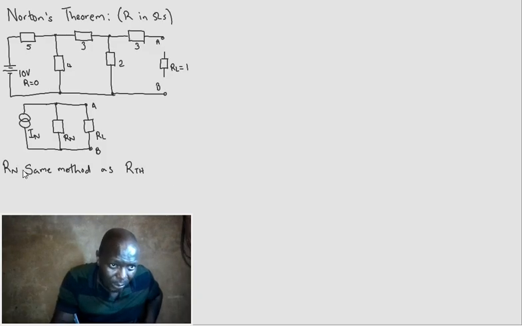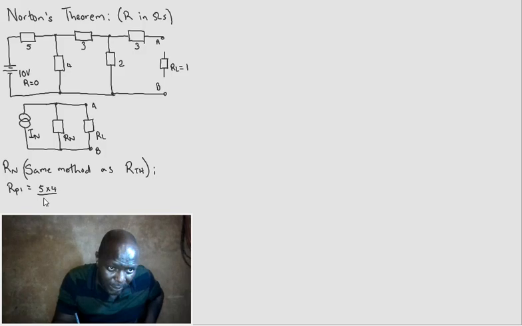R Norton, same as R Thevenin, which means we're going to have R parallel 1 being the 5 and 0 parallel to 4.